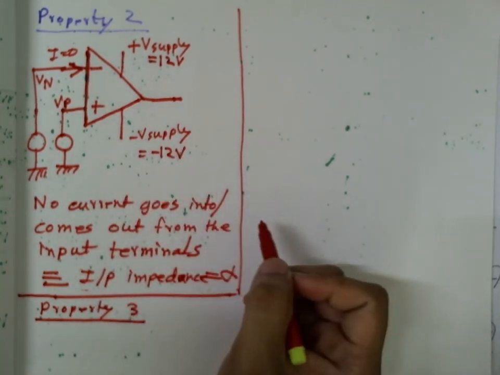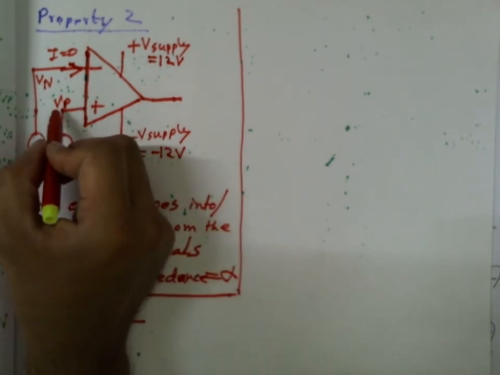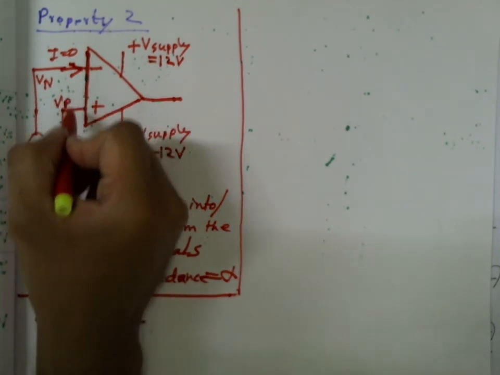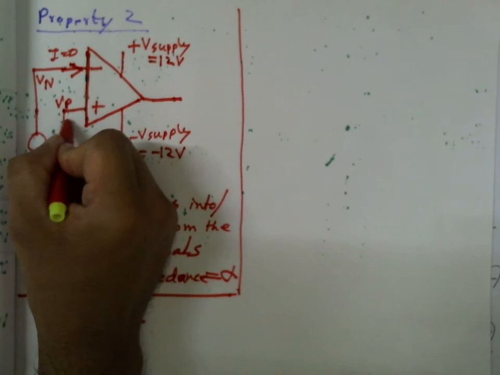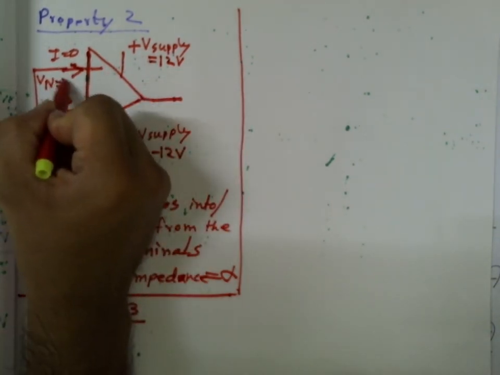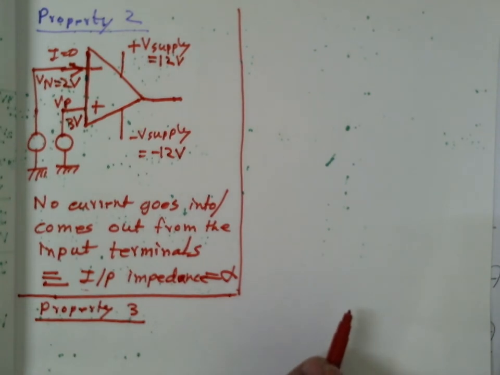These are the supply voltages. And now suppose the Vp is equal to say 3 volt and Vn equal to 2 volt. So what will be the output? Think of it. Take a pause and think of it. What will be the output value?